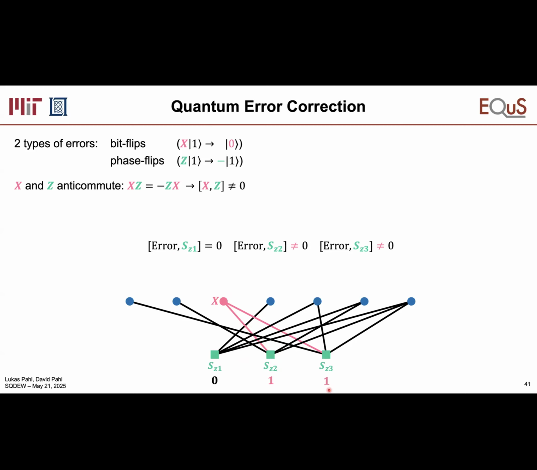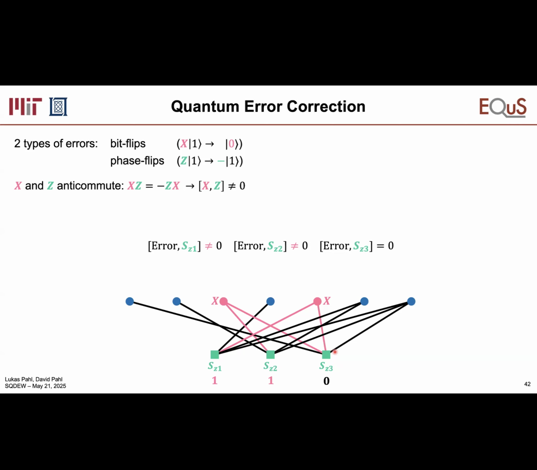This check also gives you a 1. But this check is a 0 because there's no error that it's measuring. If we add another check here, this one does light up, but this check is being touched by two X errors. And again, the parity is 0, so the check bit doesn't register an error.